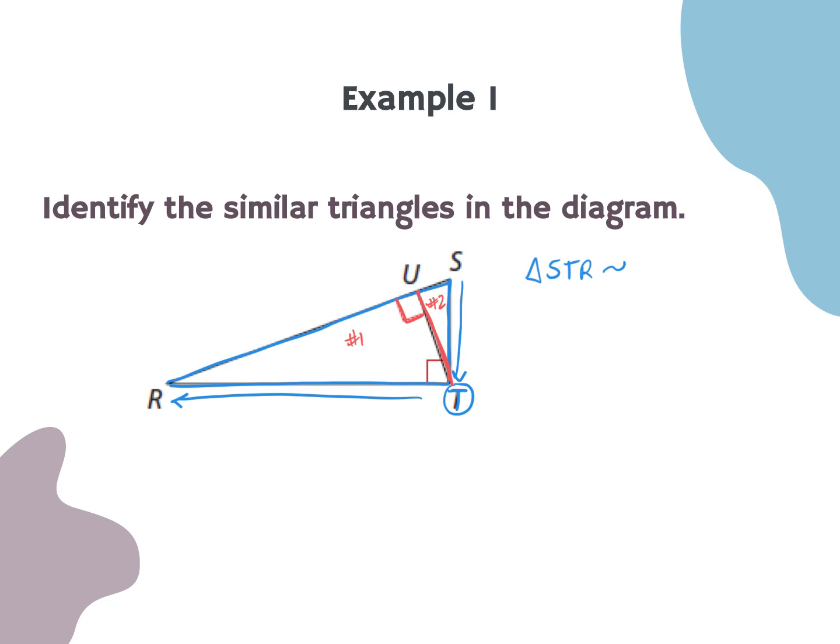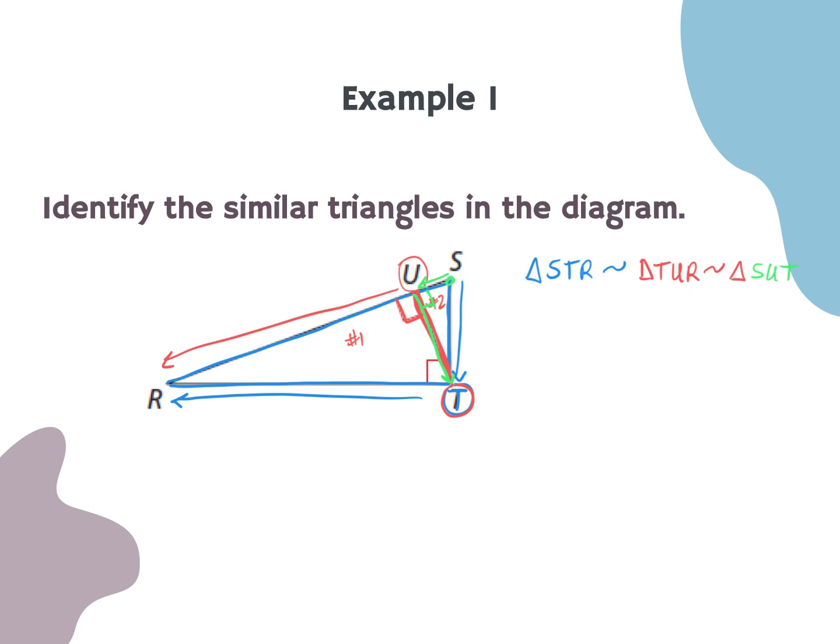I'm going to start at the small side, this little vertex here, so triangle T, then I'm going to go to the right angle U, and I'm going to go across the longer side to R. So I know that triangle TUR is going to be similar to triangle STR, and it's also going to be similar to triangle, and again, I'm going to start at the small side and go towards the right angle, so that's S. Then the right angle is U there, and it goes to T. And so I know that these 3 triangles are going to be similar.